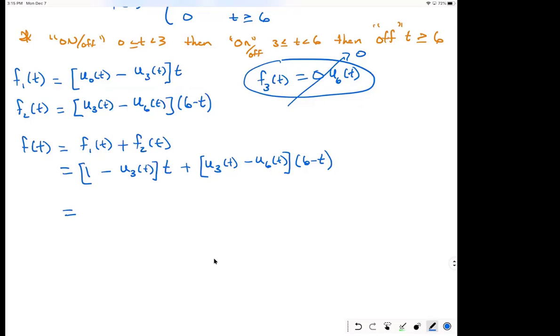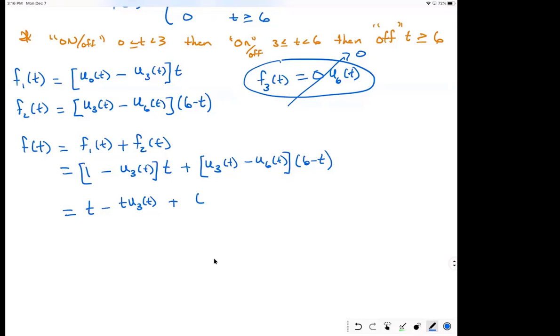So then I'm going to distribute this t in the first term to everything. So I'm going to have t minus t times u sub 3 of t. And then the second term, I'm going to distribute the 6 minus t to everything.